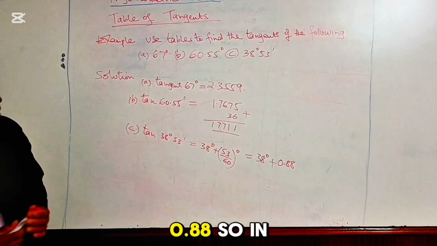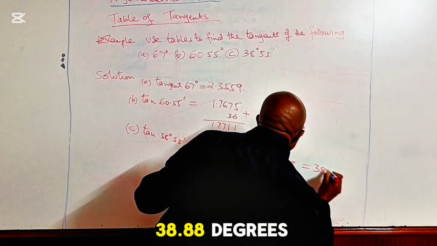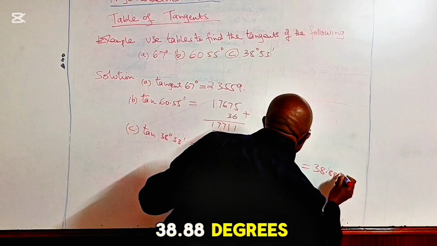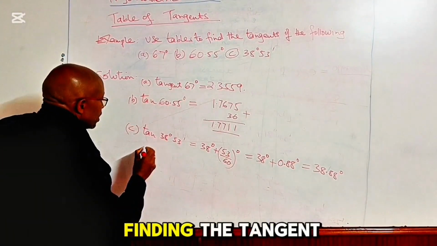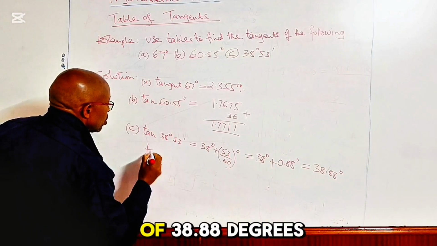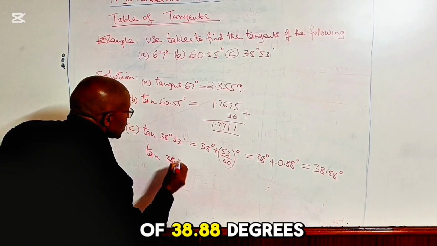So in total we get 38.88 degrees. Now we are finding the tangent of 38.88 degrees.